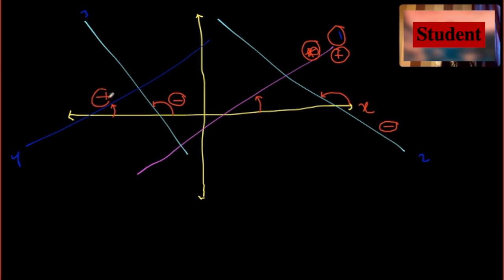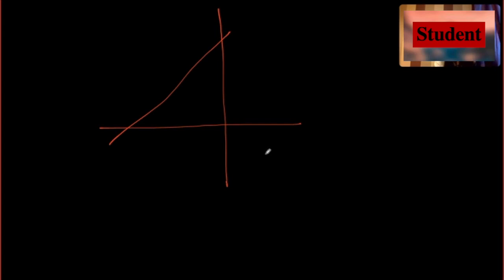Why am I saying this? Because I will give you one example of rise over run, and I will ask you to calculate the slope. Let's say one line like this, and there is another line.